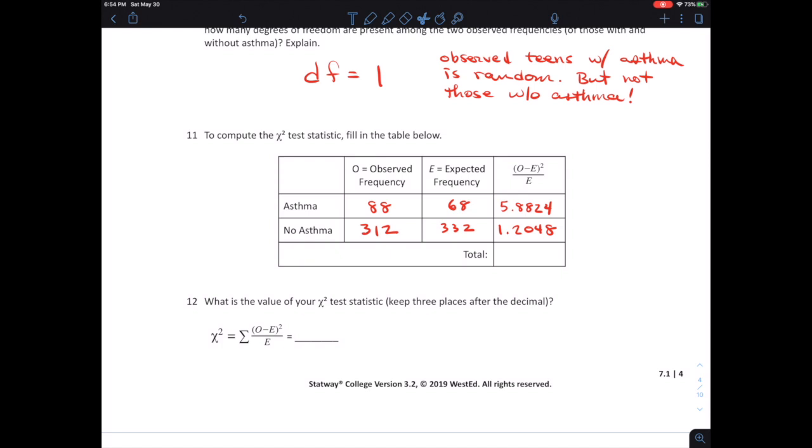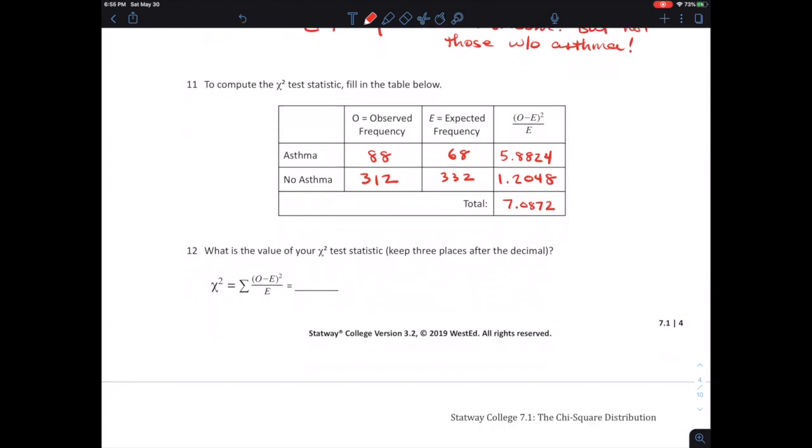So take a sec. All right, so I got 7.0872. They're telling me to keep 3 places after the decimal. So the chi-square statistic, the sum of O minus E squared over E, came out to be 7.0872.